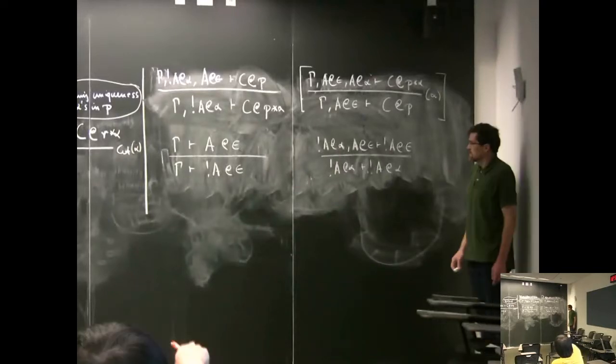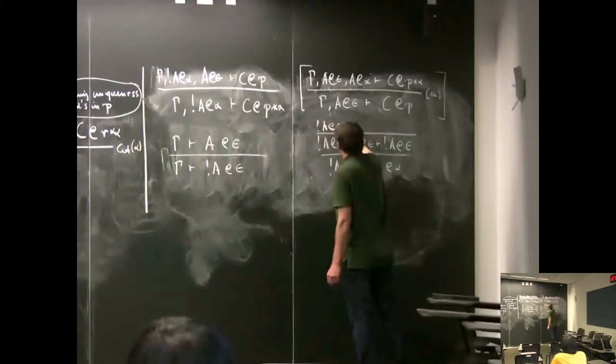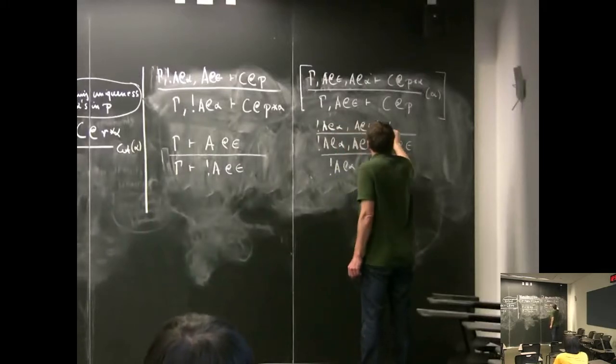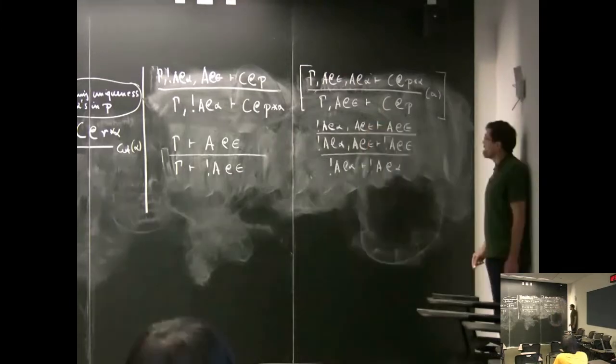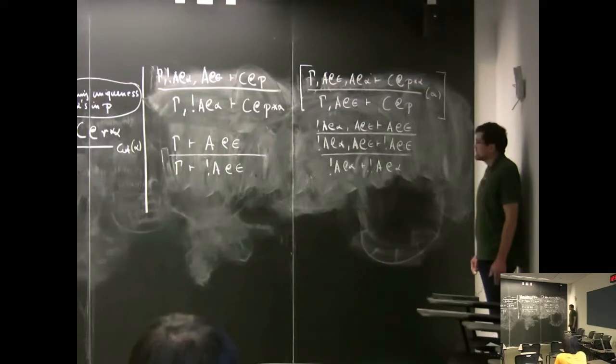Okay, now we're in this situation. We are allowed to use the bang right rule. Okay, and now? If you're allowed to use identity in that way, then you'd just be done. Right.